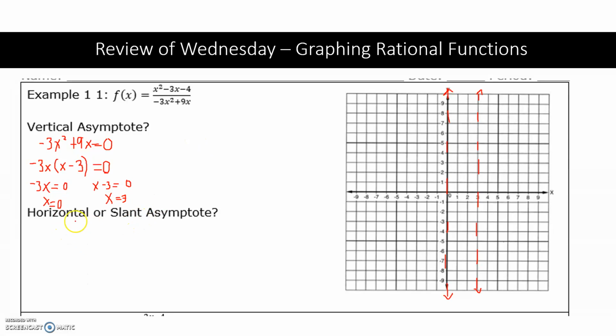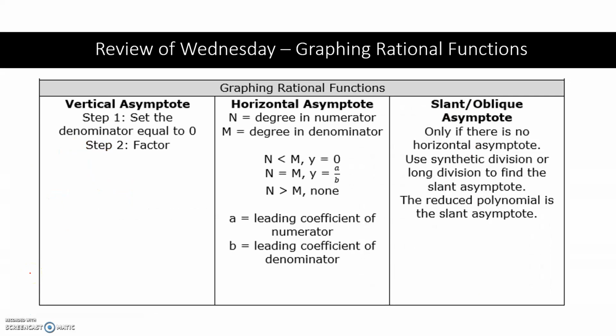So now I have to figure out if I have a horizontal or a slant or oblique asymptote. Remember, I'm going to look at the leading degrees. My leading degree for the numerator is 2, and my leading degree for the denominator is 2. So I'm going to go back to my chart and look at the second row, because they're equal to each other.